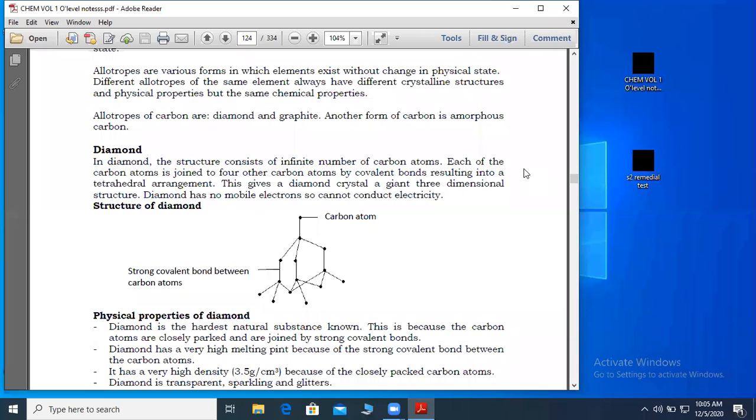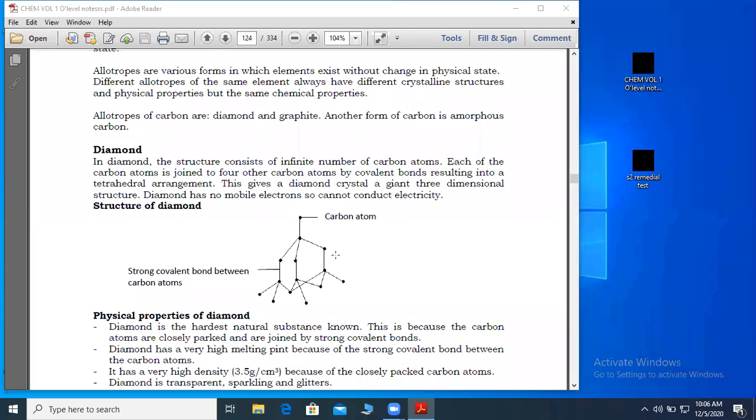We are going to say that in diamond, each carbon atom is bonded to 4 other carbon atoms by covalent bonds, and therefore all the electrons in diamond participate in bonding.